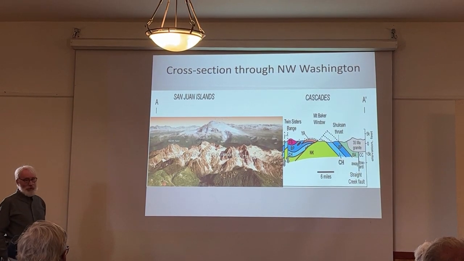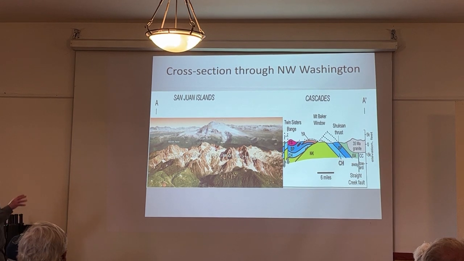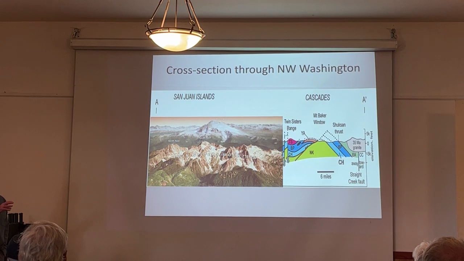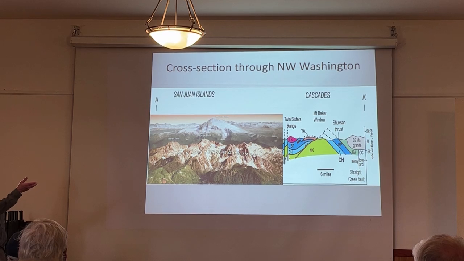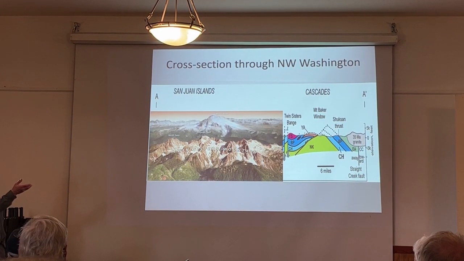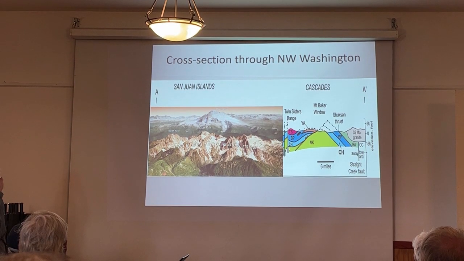And the cool thing about that is, we talked about mantle rocks a little bit. Twin Sisters is all mantle rock, but somehow got thrust way up onto the continent. It's about 9 miles from Mount Baker. It's not as tall as Mount Baker. I think it's 8,000 feet, something like that. But it's big.